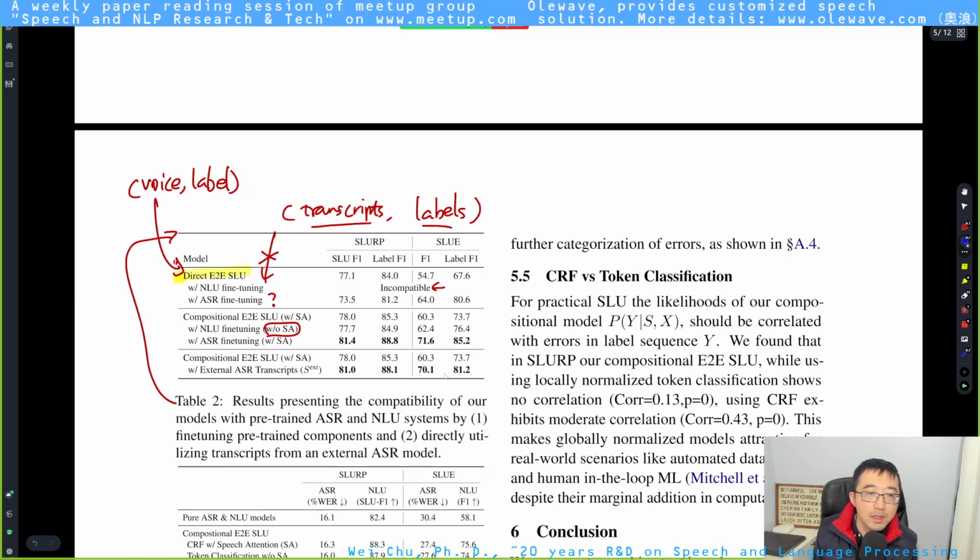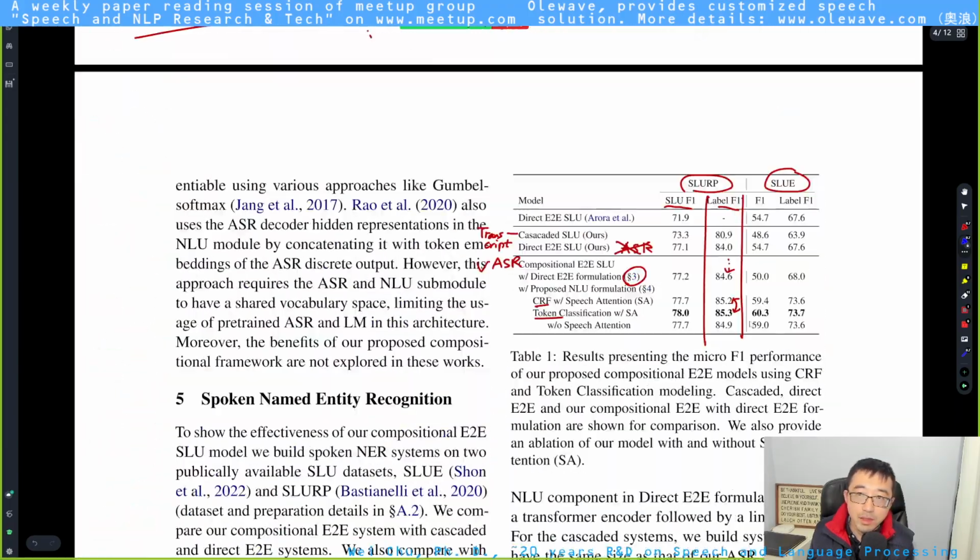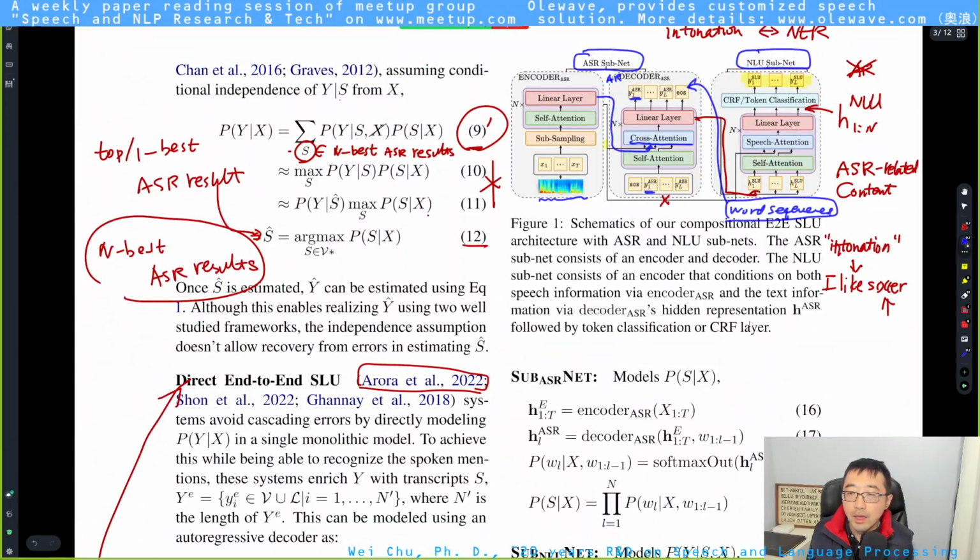I can understand this with the ASR fine-tuning. This is easy to understand. So basically, they have voice and the word sequence. Okay, then they can use backpropagation.